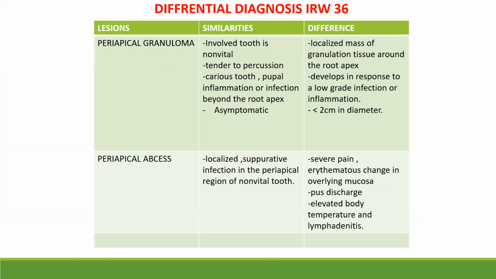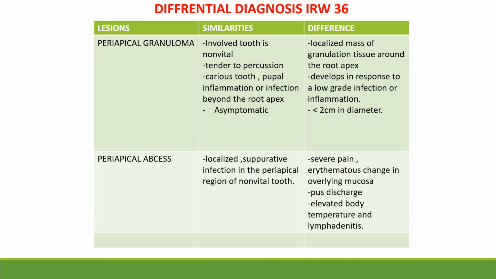With respect to 1/6, for periapical granuloma, the involved tooth is non-vital. Tenderness on percussion is present. Carious tooth, pulpal inflammation or infection beyond the root apex, asymptomatic. The difference is that it is a localized mass of granulation tissue around the root apex developed in response to low-grade infection or inflammation, with size less than 2 centimeter in diameter.